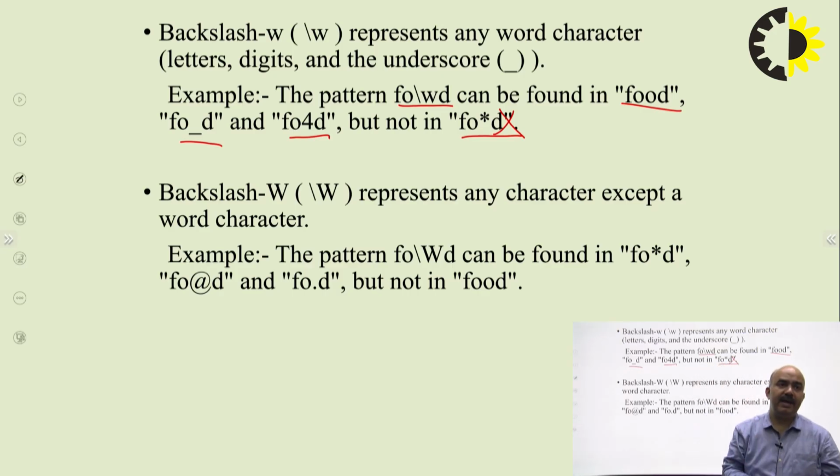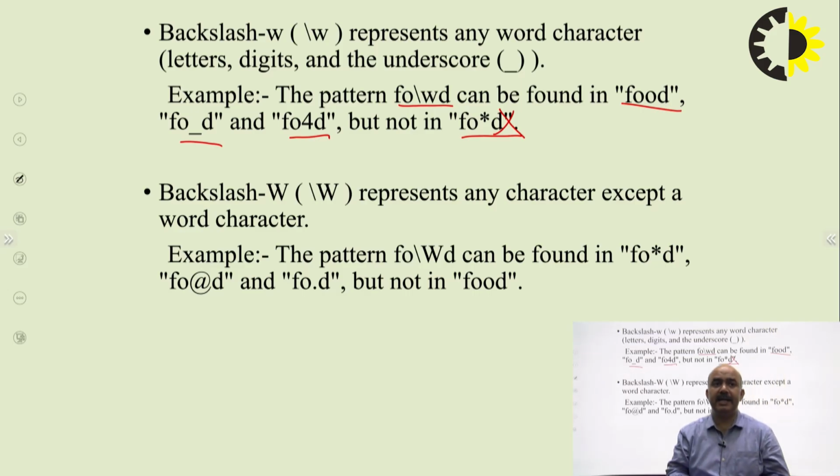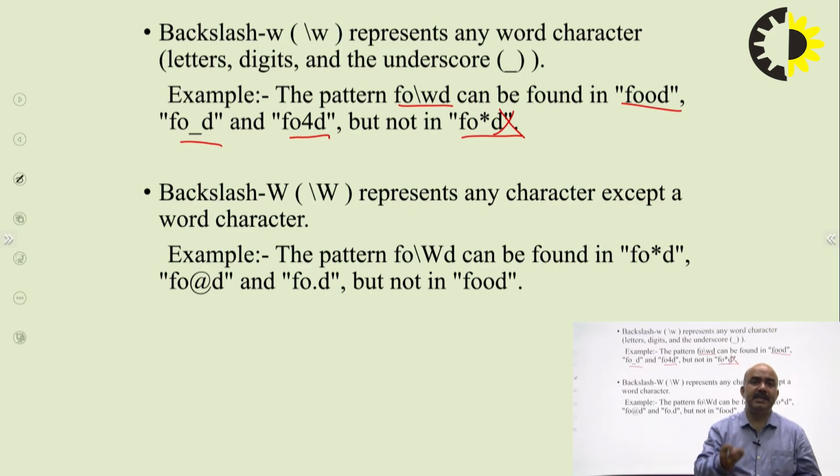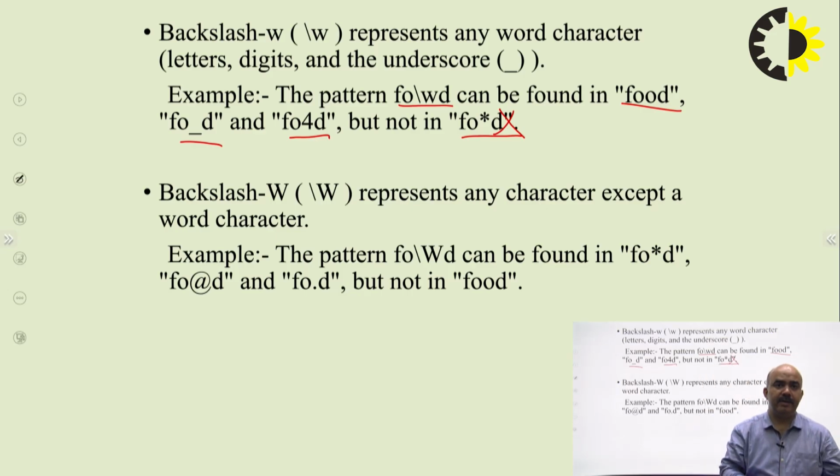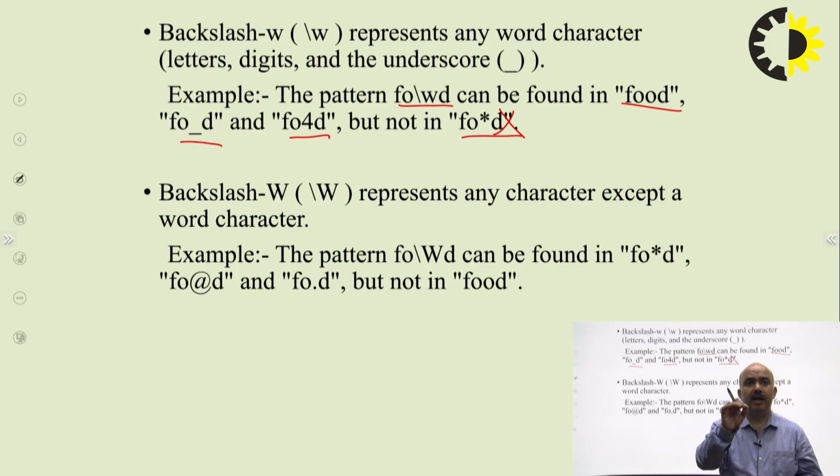If we have the uppercase \W, it represents any character except a word character. Any character, it may be a symbol, an asterisk, an @, a dot, that will be acceptable. If there is a word character at that location, then that is not acceptable.